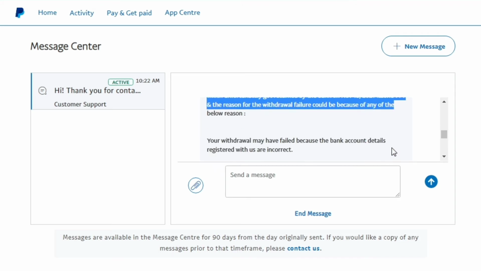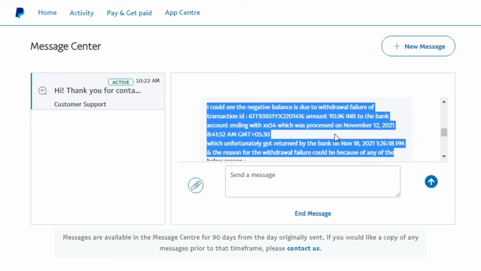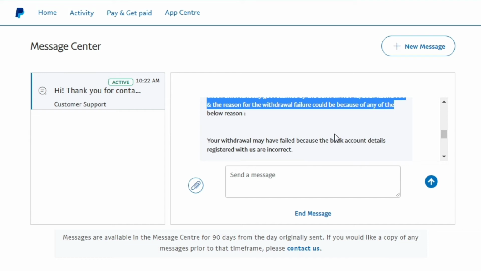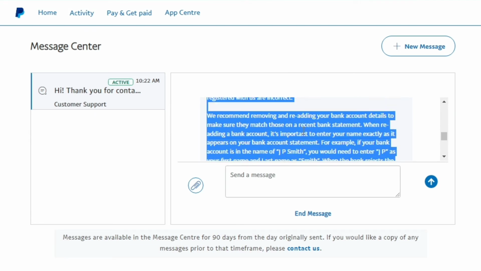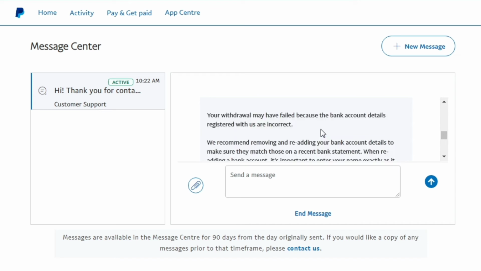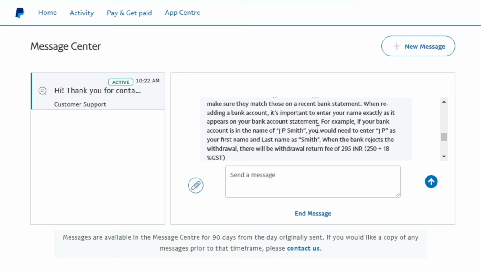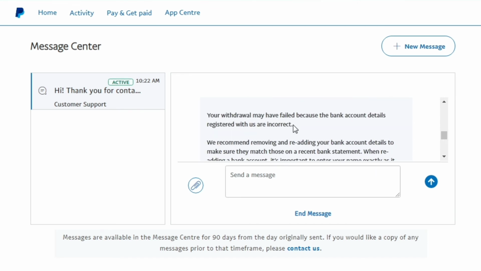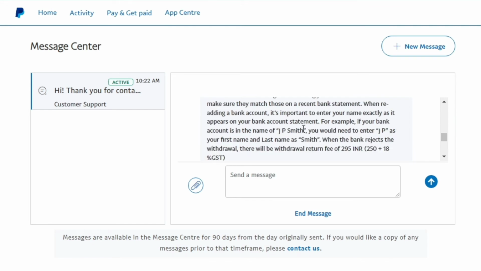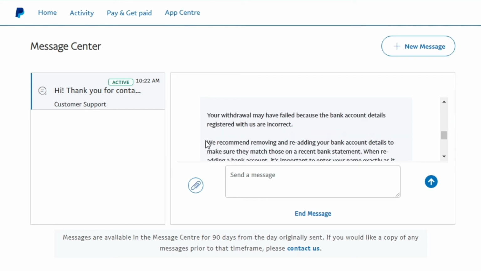So keep in mind that if your bank withdrawal from PayPal to your bank fails, then you will get a negative balance.